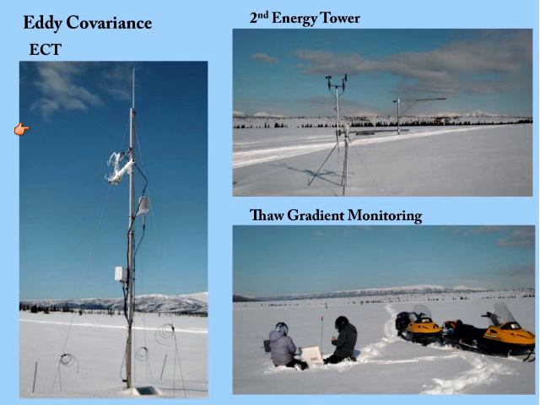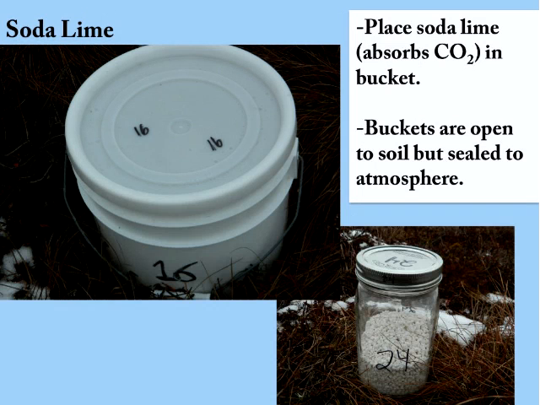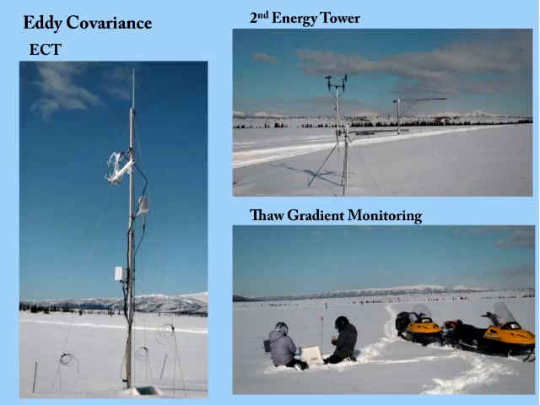It needs to have wind in order for that to occur. Since wind doesn't always occur on that site, there is a second energy tower located there that picks up the amount of sunlight, soil moisture, and ambient temperature, and is able to gap fill what the eddy covariance tower doesn't monitor.